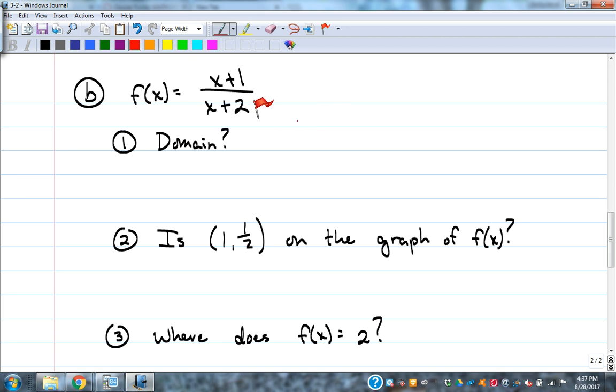So the domain comes from setting the denominator equal to 0. We know x cannot be -2. So I set that up in set notation. In interval notation, what would that be? What's the interval notation for that?